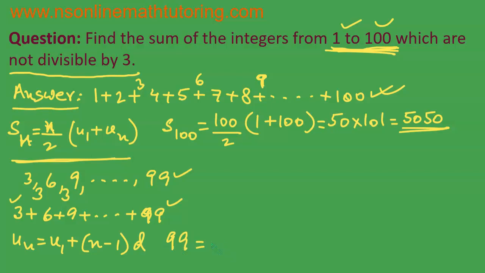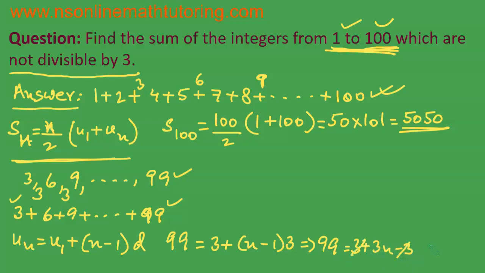Putting in the values, un is 99, so 99 equals u1, which is 3, plus n minus 1 times d, where d is 3, and we have to find n. So 99 is equal to 3 plus 3n minus 3, we are opening the parenthesis and these two get cancelled.